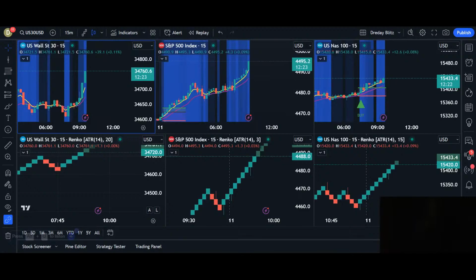Any type of market or instrument that you're trading on, it will work. Even crypto. So if you're a fanatic of Bitcoin, XRP, Ethereum, Solana, or any other crypto market, it will work too.